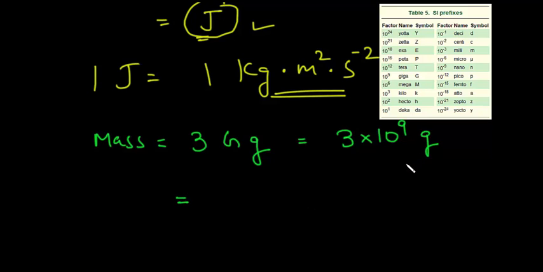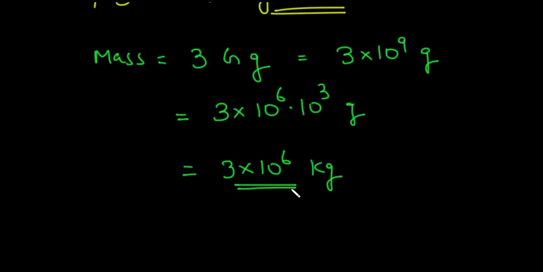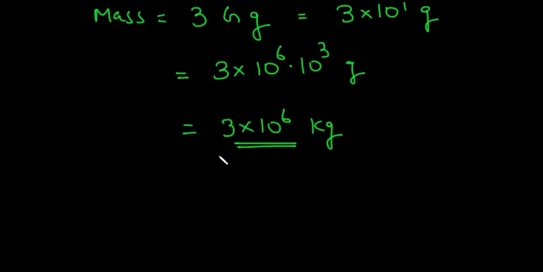And in SI units, mass has units of kilogram. So we can write this as 10 to the power 6 into 10 to the power 3. And from the prefix table, we know that 10 to the power 3 is kilo. So 3 into 10 to the power 6 kilogram. So we got our mass in kilograms.